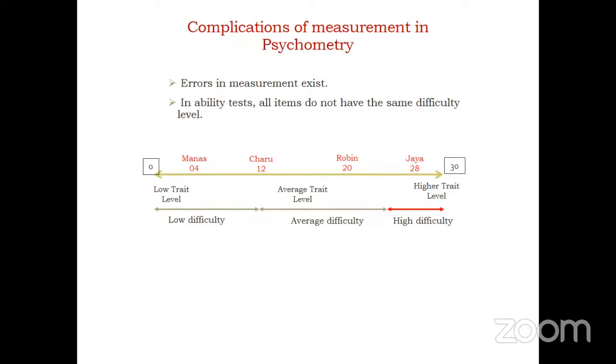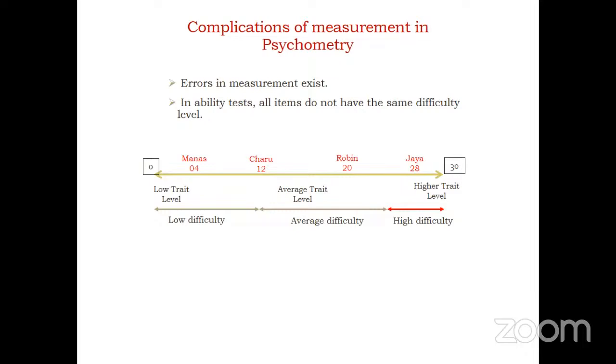Charu could complete all the items of low difficulty level and maybe one or two items of the average trait level. So maybe Charu is actually coming into the average level. Robin is also coming into the average level, because Robin is able to solve mostly the low difficulty items and the average difficulty items.